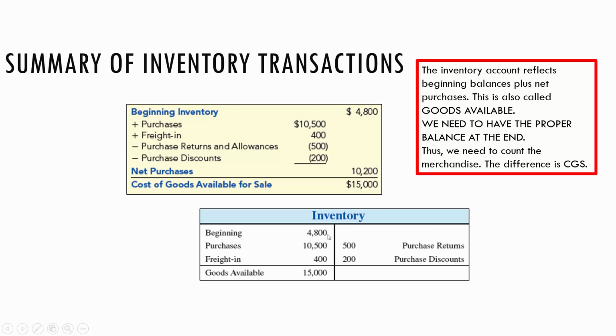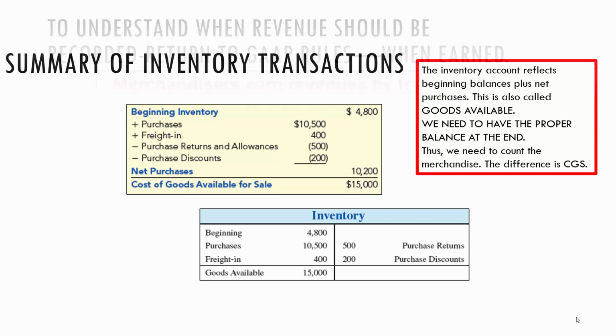So beginning inventory plus purchases plus freight in, because freight costs are the costs that are necessary to be getting this merchandise to a sellable location and condition. We had returns of merchandise, and here they have the proper caption, purchase returns. And then we had the discount because we're agreeing to pay it on time, which gives us the goods available. So goods available after all these transactions becomes also the inventory balance.